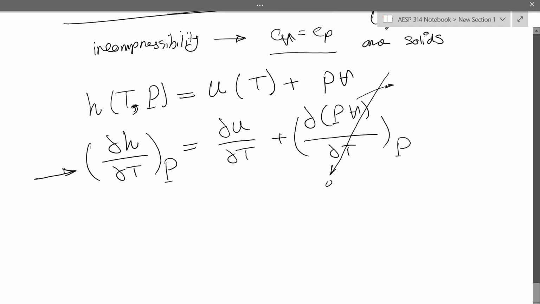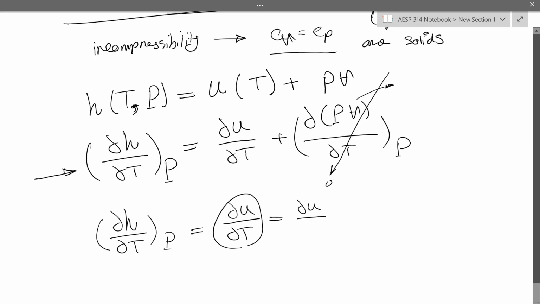So for an incompressible liquid, the derivative of enthalpy with respect to T at constant pressure is equal to the derivative of U with respect to T. Since the volume is already constant, this itself is equal to the derivative of U with respect to T keeping volume constant.